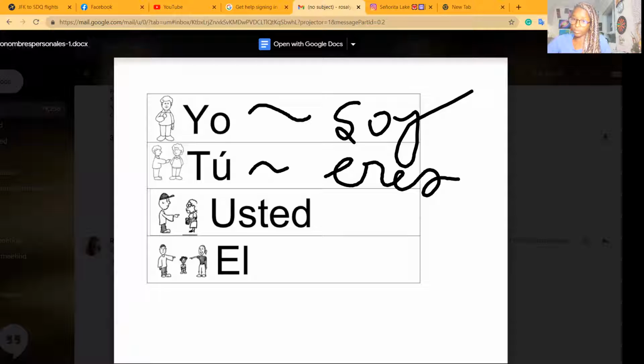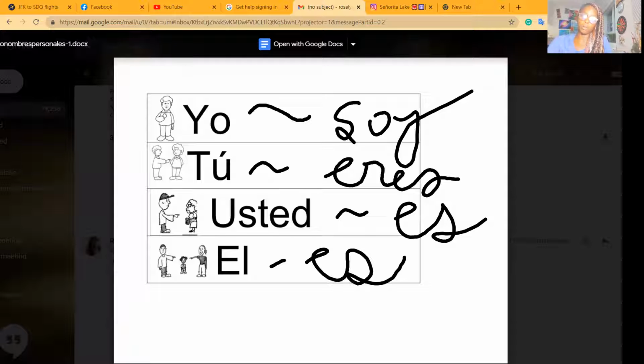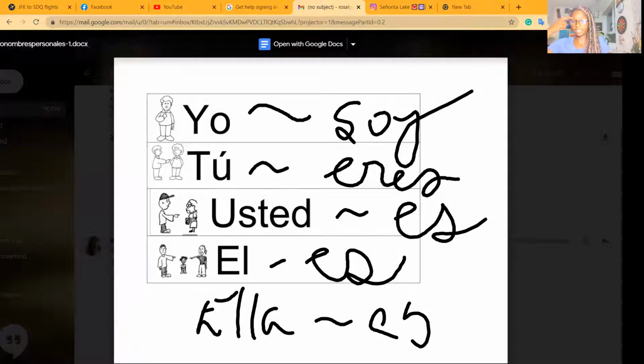When you are referring to an adult with the verb to be, you say usted es. For él and ella, you would also use the same. Él es. We're not going to go into the plural pronouns. We're just going to stay there. So you have él es, ella es.